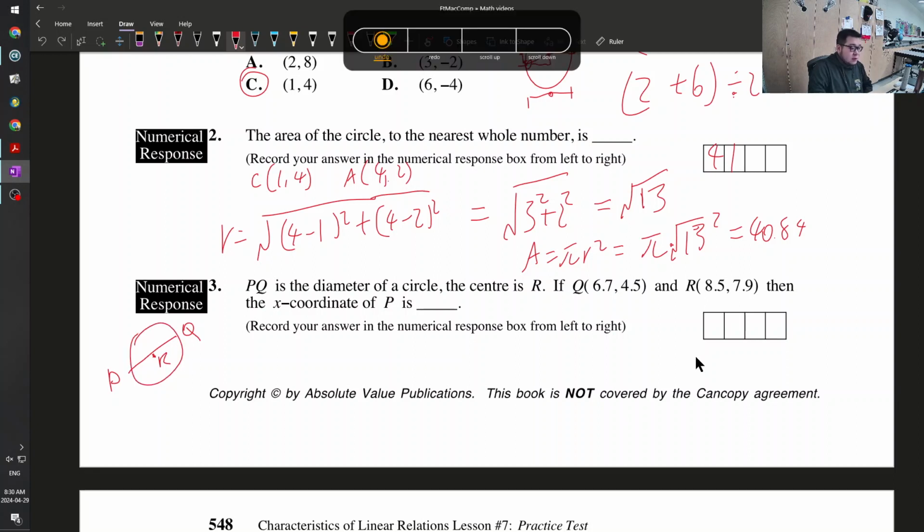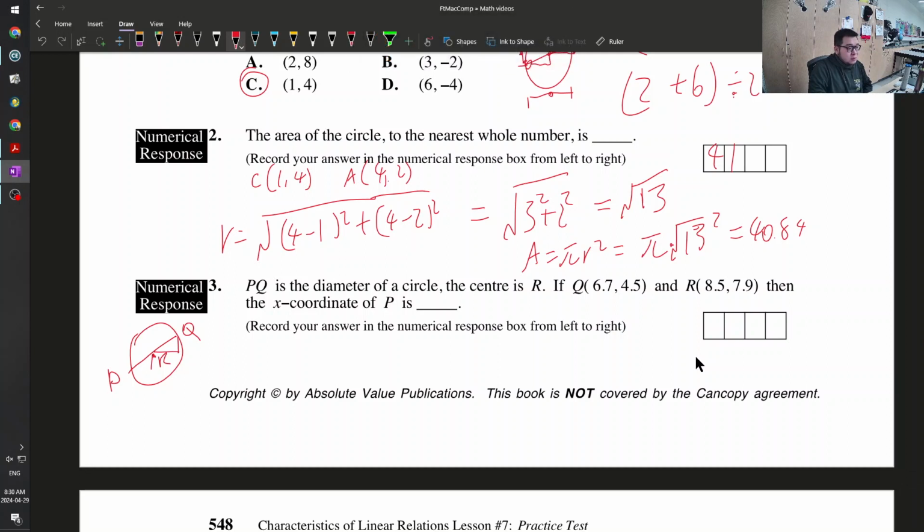So I want to find the x distance from Q to R and then subtract the same amount from R to P. So from Q to R, the x value increased.